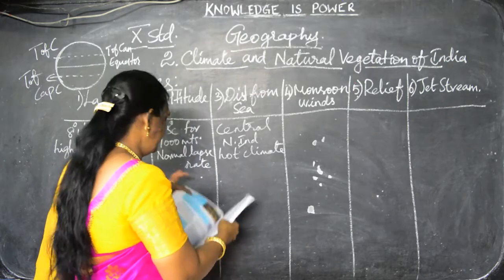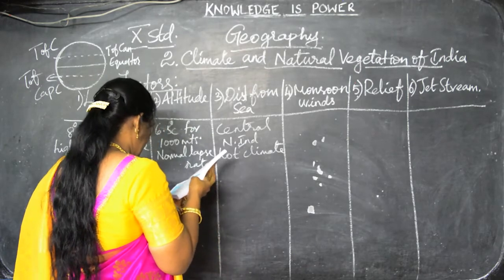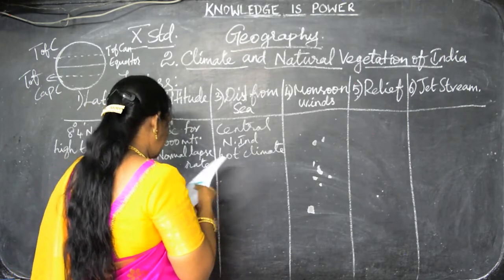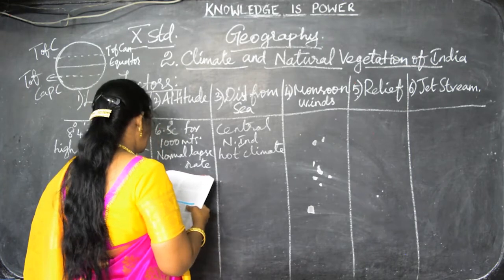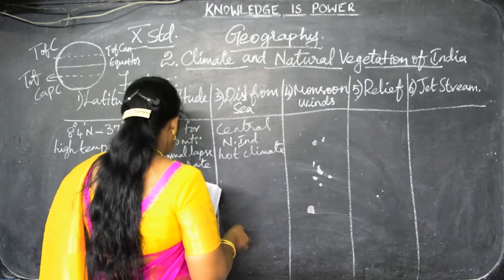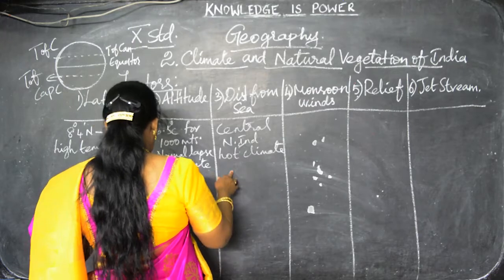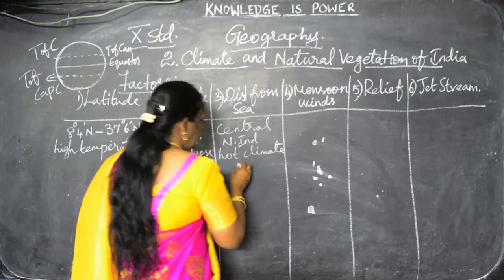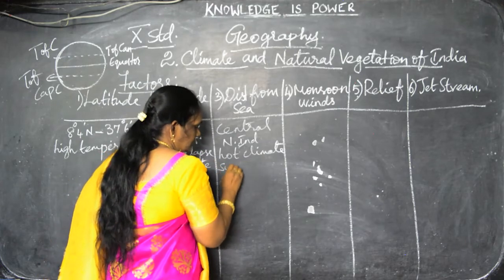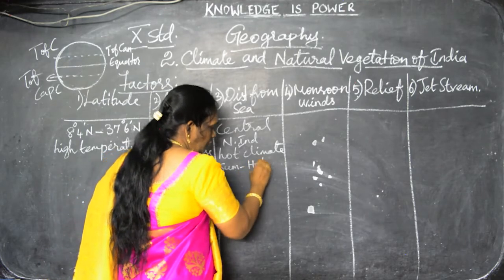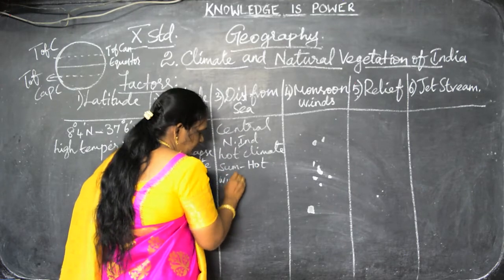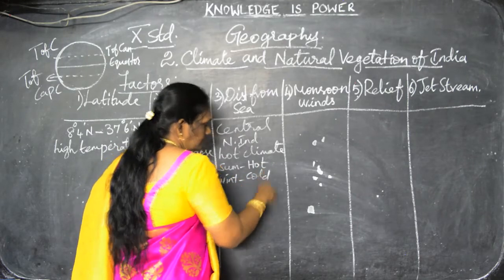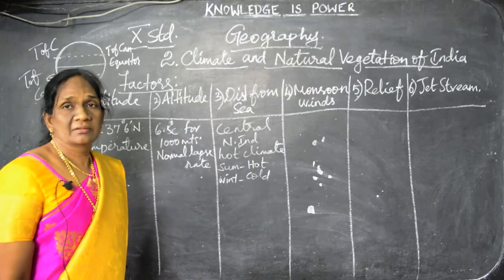Because of the large area of India, especially central and North India experience heat. Here the summers are hot. Summers hot, I told you, and winter cold in North India.